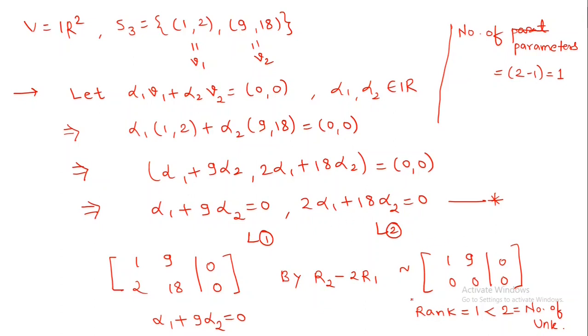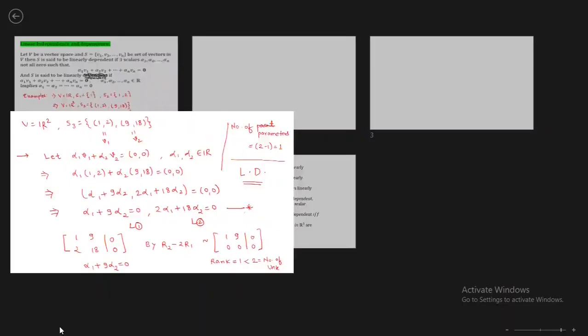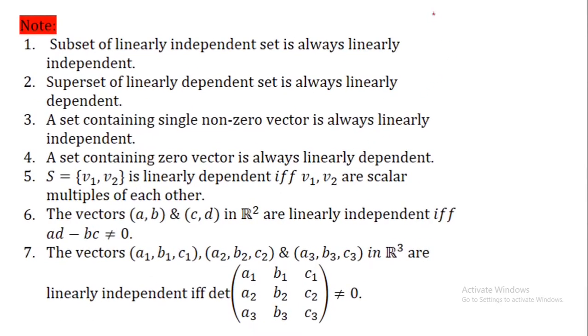Whenever our system has infinite solutions, then the given set is linearly what? Dependent. Now note a few things. Whenever our set is linearly dependent, there is some relation between them. Relation between them in the sense what? For example, we have taken V is equal to R and S is equal to {1, 2}.